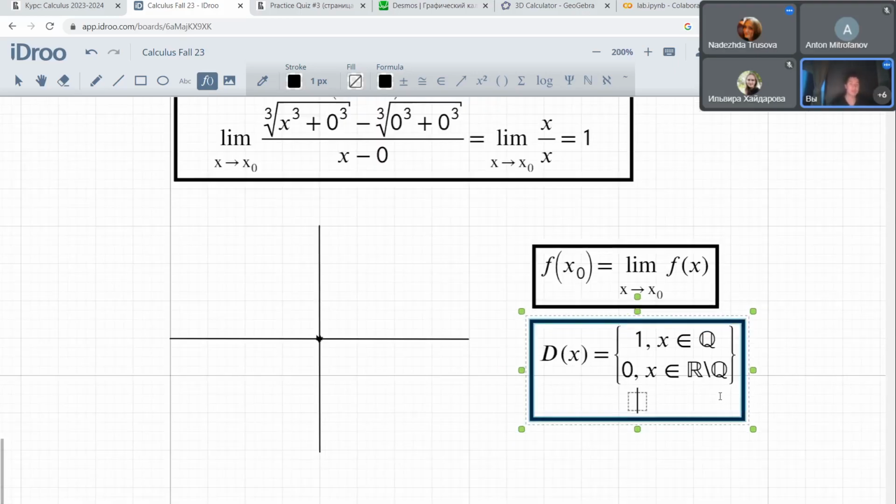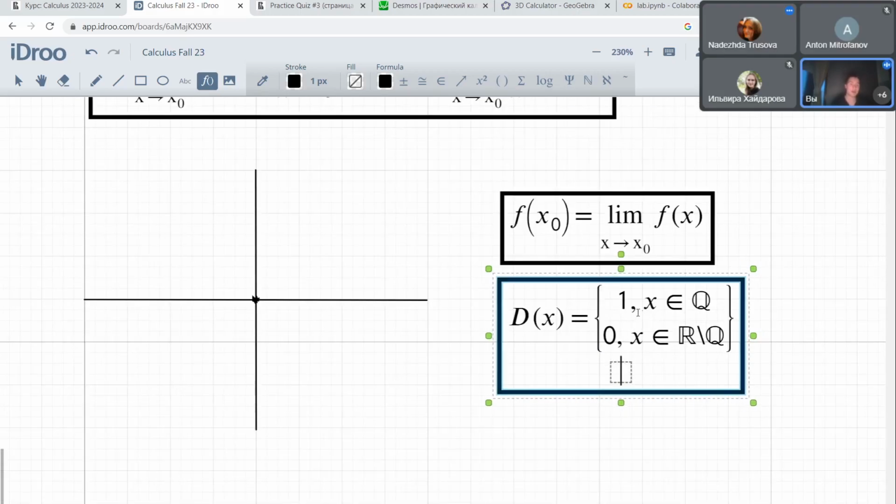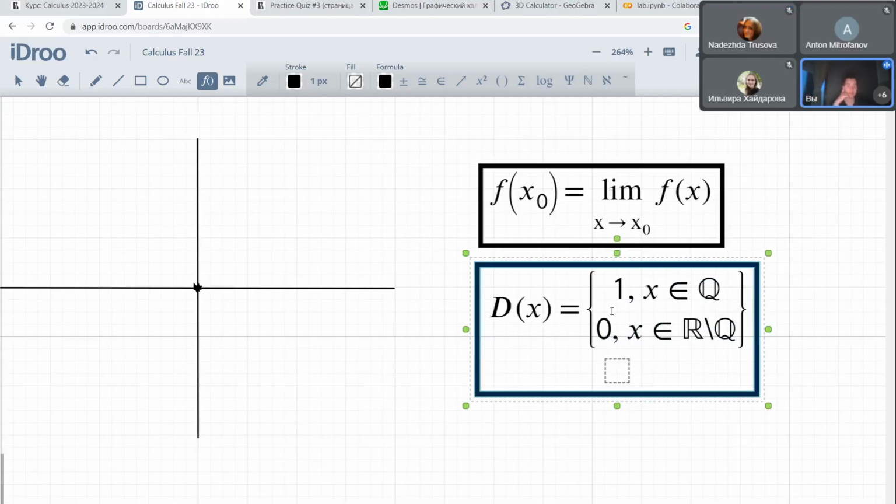What's the problem of this function? Why is it always discontinuous? We discussed it earlier, but the problem is that values at rational points highly differ from values at irrational points. But we can do the following trick.